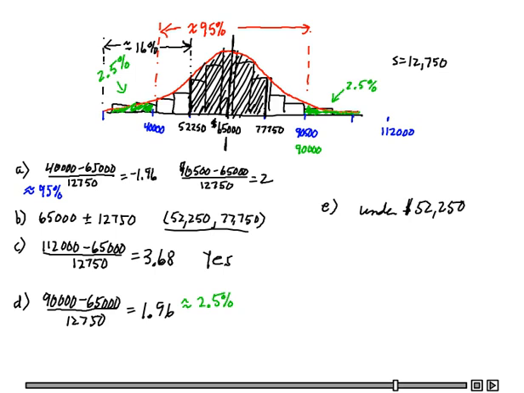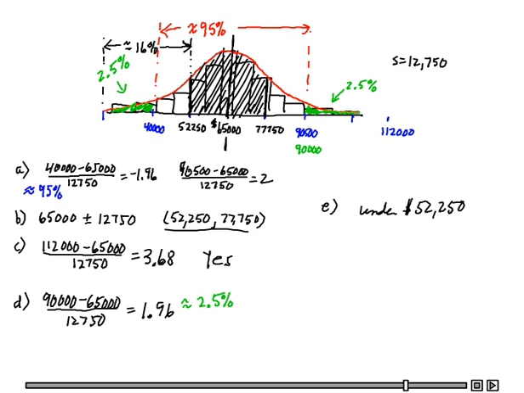I could also say by symmetry, the percentage of homes above $77,750 would also be 16%.